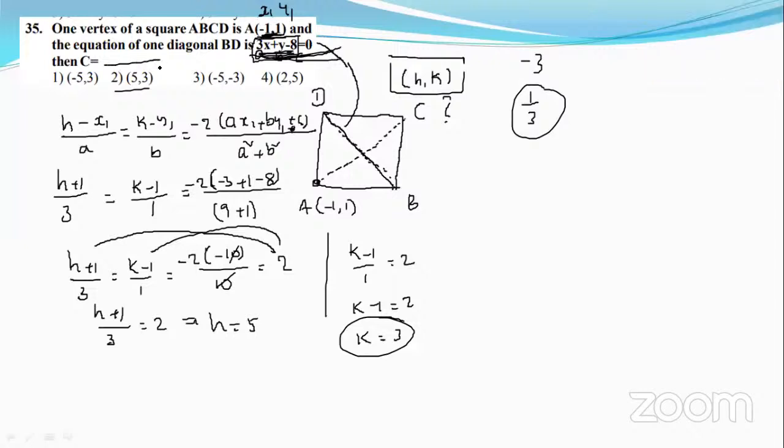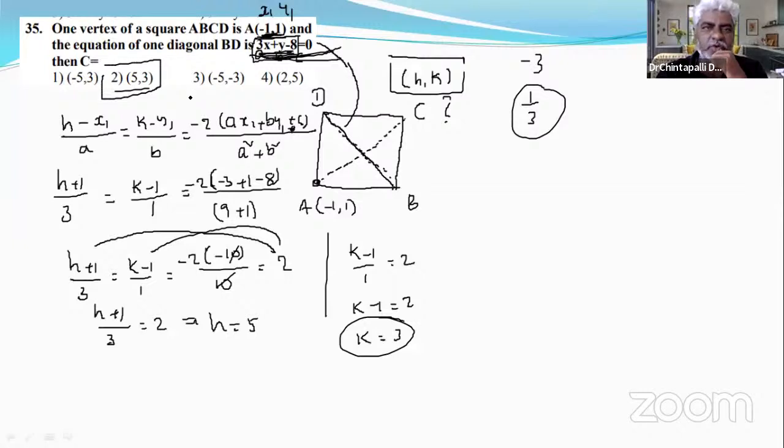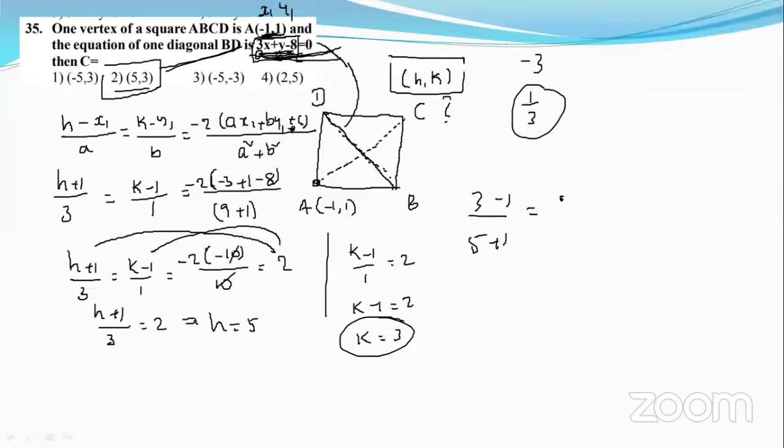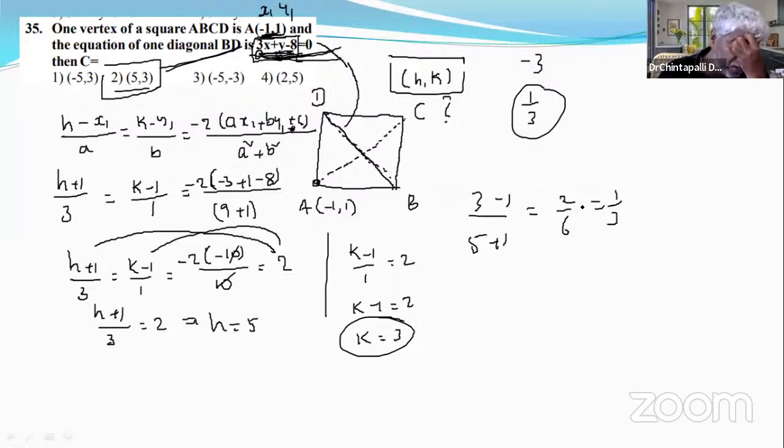If we take the second option, the slope of minus 1 comma 1 and 5 comma 3 is (3 minus 1) by (5 plus 1), which is 2 by 6, that is 1 by 3. In this verification method also you can find the correct option.